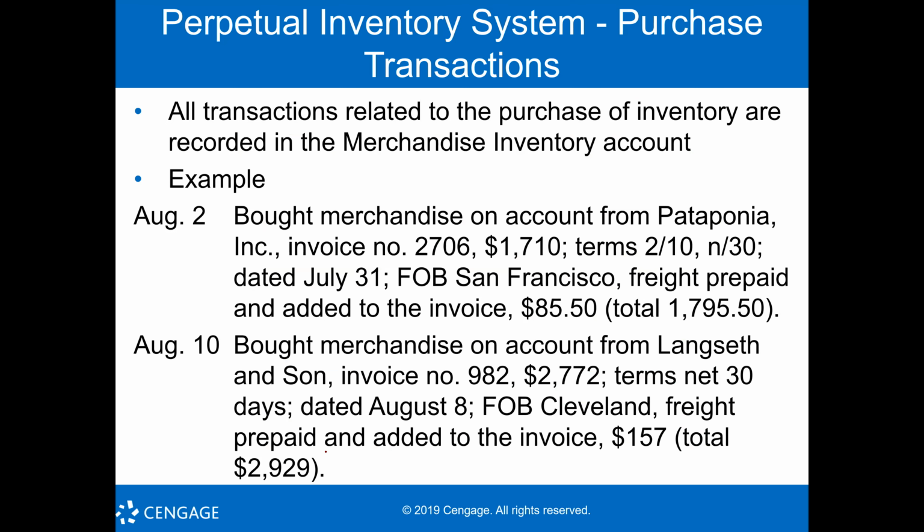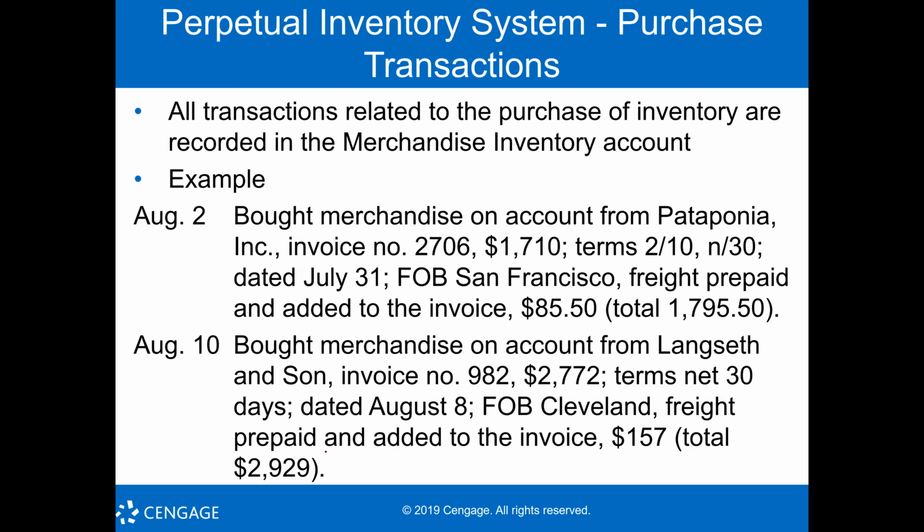All right, so here are a couple examples of some purchase transactions. It says all transactions related to the purchase of inventory are recorded in the merchandise inventory account. So we do not use freight in. We just consider those costs merchandise inventory costs, right?